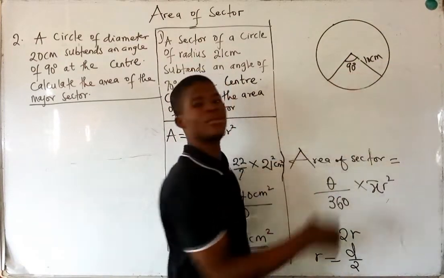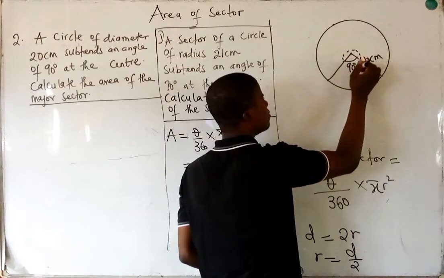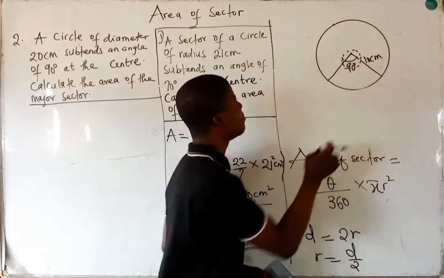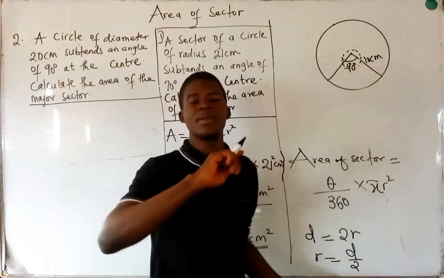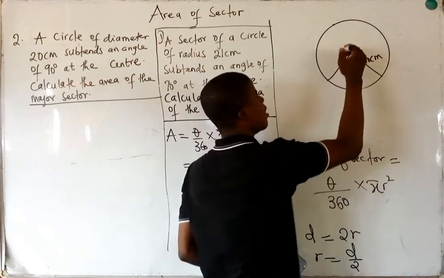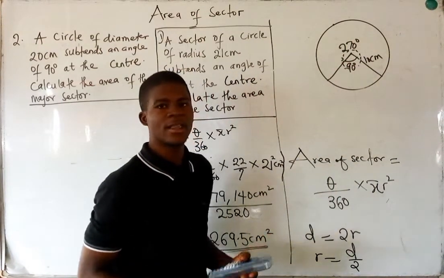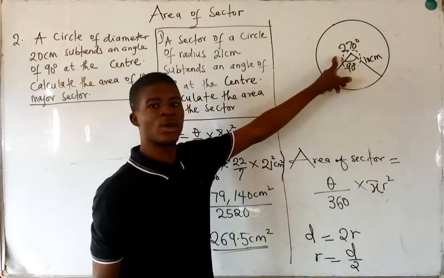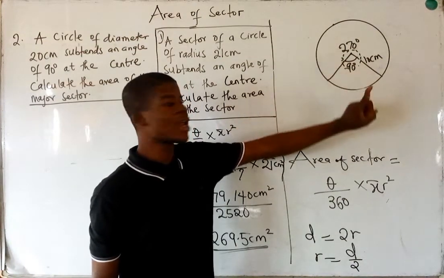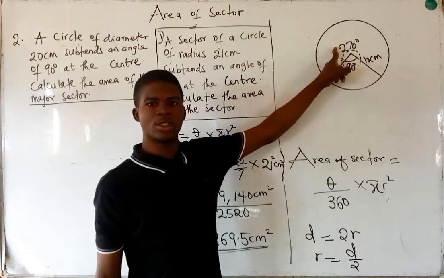Subtract 90 from 360. Everything here is angles at a point. Everything here is 360 degrees, and part of it is already 90. So the other part will be 360 minus 90, and that's 270 degrees. So you can see that the angle formed by this other sector is 270 degrees, and it is greater than the one formed by this other sector. It means that this one is the major sector.